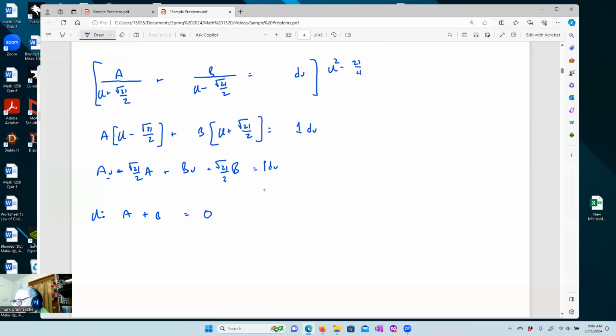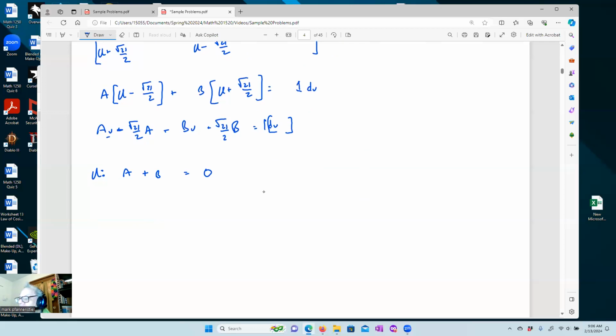Again, we're going to call this 1. I'm going to move this du off to the side because I'm going to try to just solve the partial fractions here. And we have the square root of 21 over 2 A plus, is there a plus? I think there's a minus in there somewhere. Let's go ahead and make that clear as a minus.